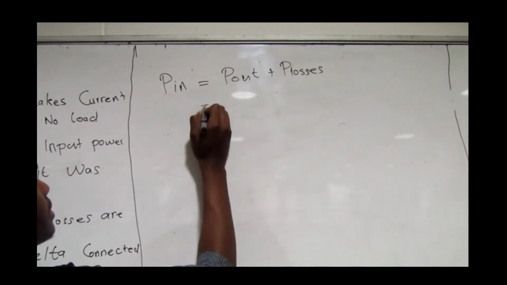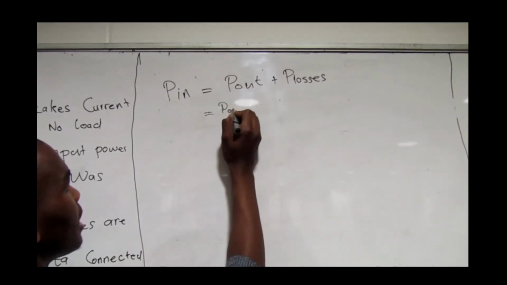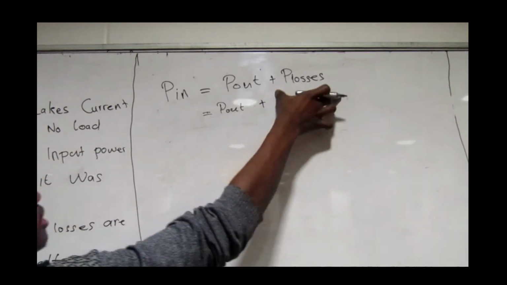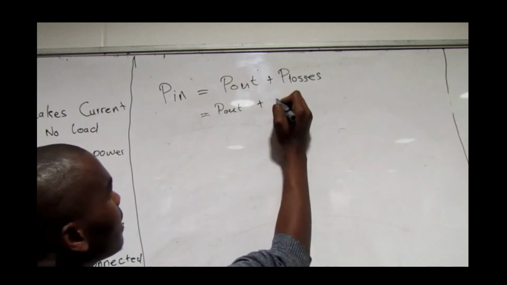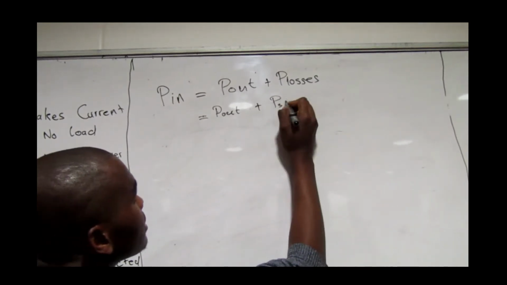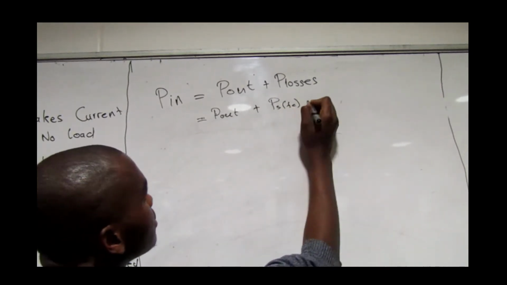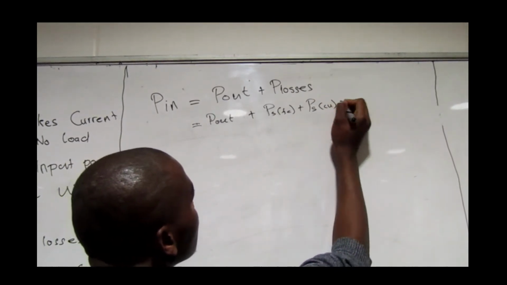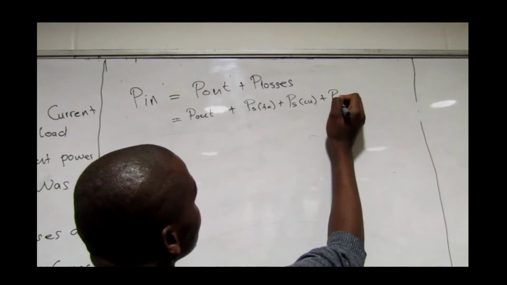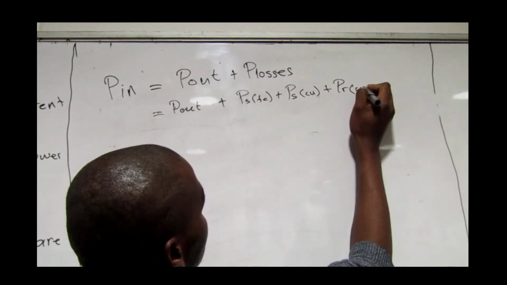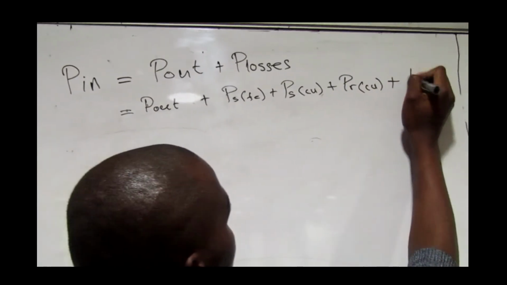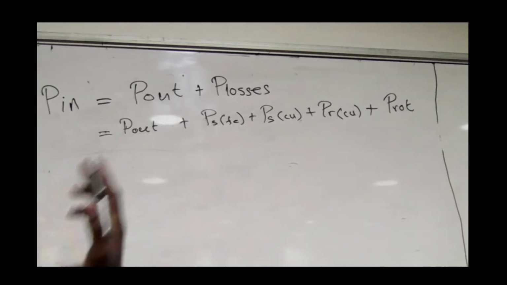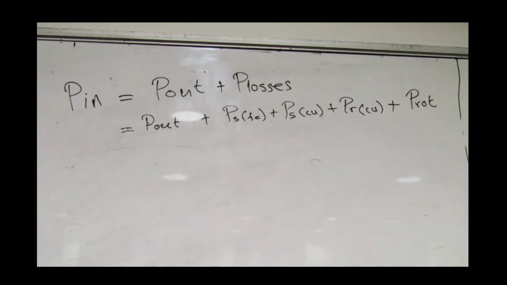And here, it's P out plus we name all the losses that we have here, which are P SFe, P SCu, plus P RCu, plus P rotational.